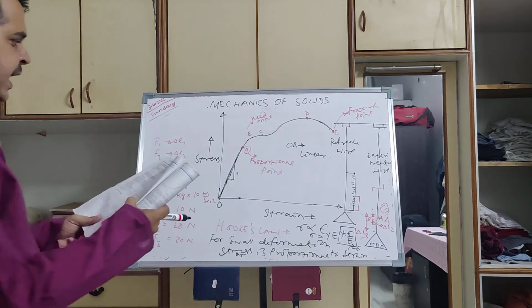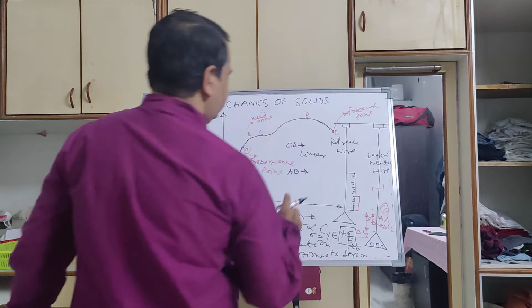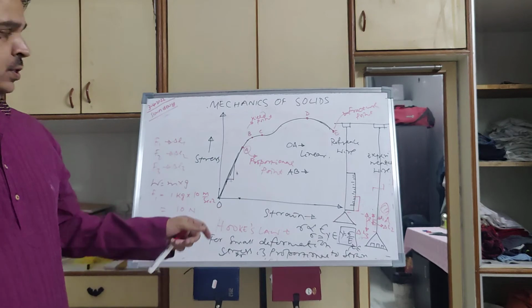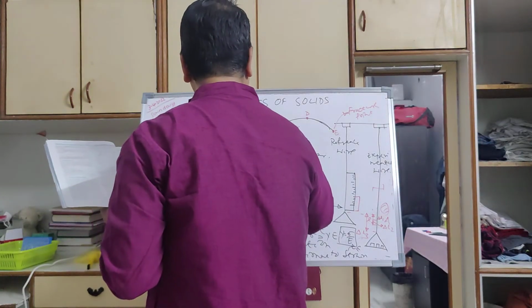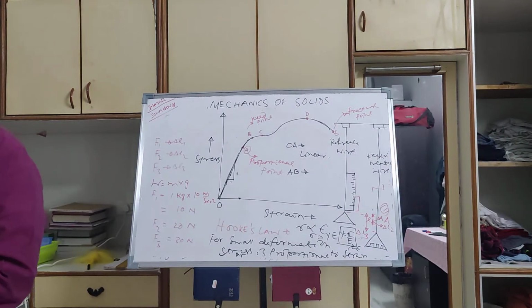Then comes the region A to B. In A to B, stress and strain are not proportional, because you can see this line is curved.